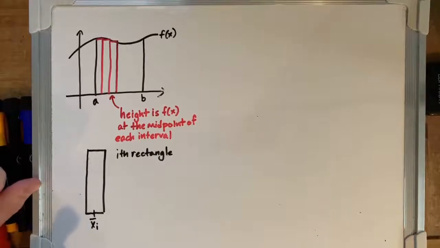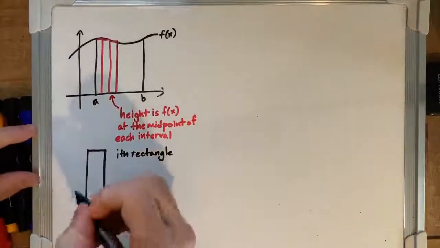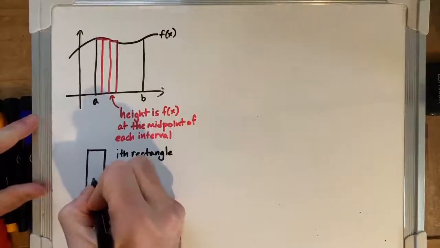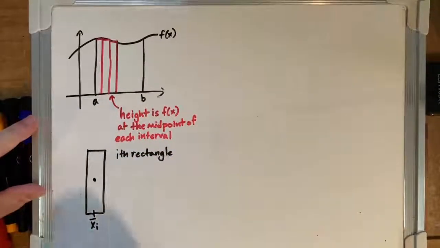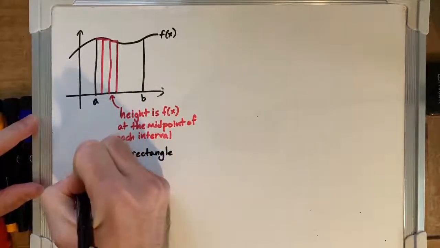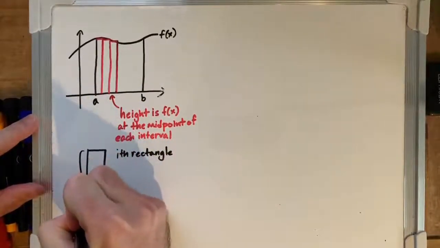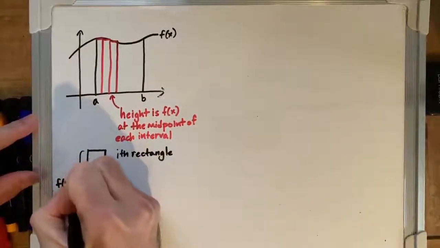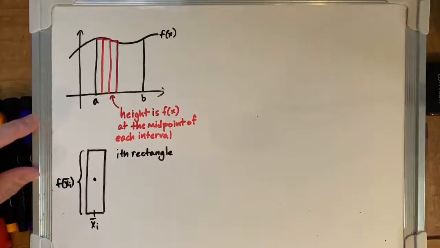Now, to find the centroid of that rectangle, the center of mass for this, it's going to be somewhere along that line right there. And in fact, we know that the height of the rectangle we are calling f of this special midpoint here.